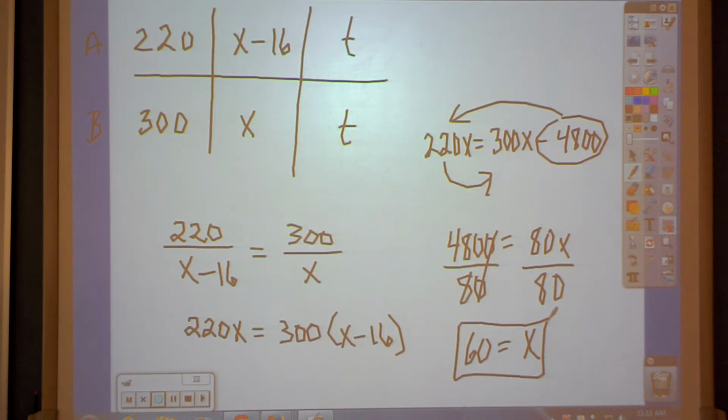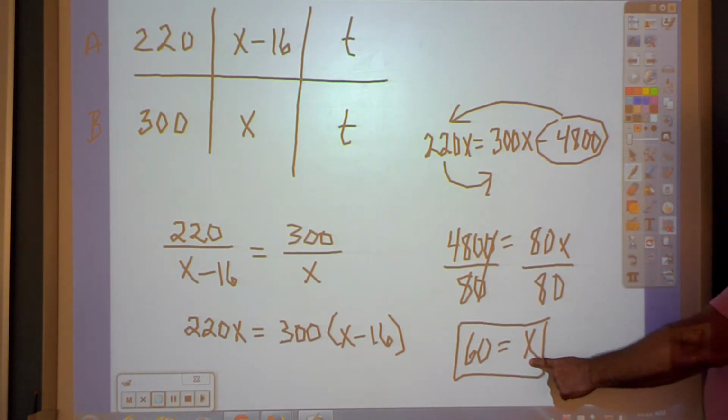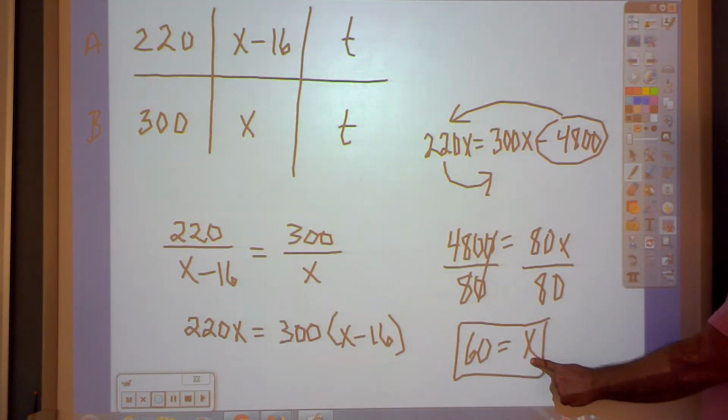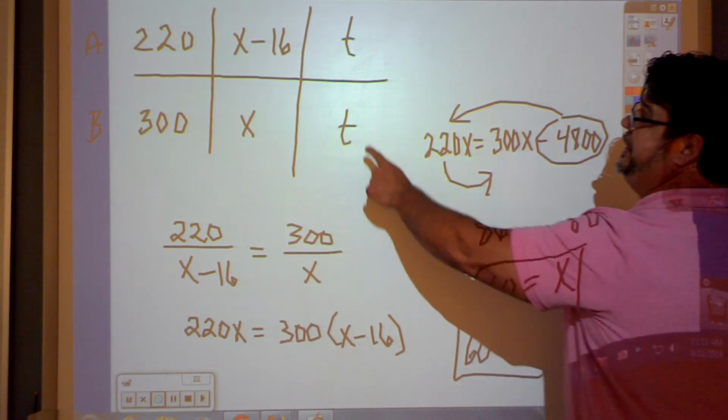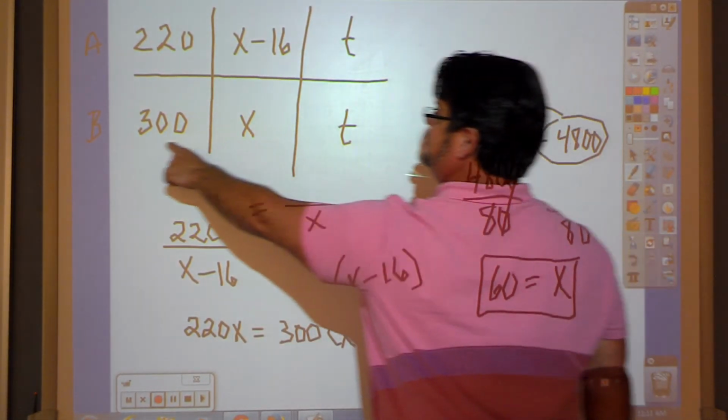Okay, so what's the answer? What's A and what's B? Train B goes 60 miles an hour. Okay, how fast? What's this letter? I got it as a T. Where do you see X up here? In the center. Where does it go to?